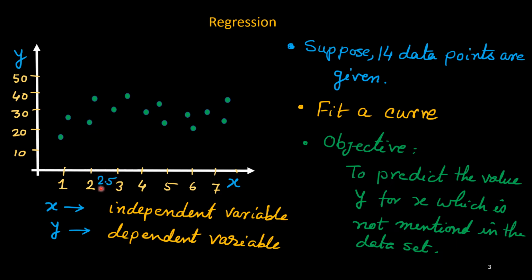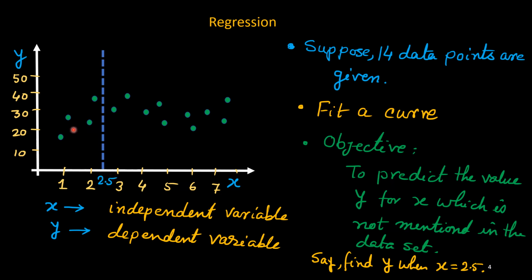Suppose at the point x equals 2.5, you will see the value is not mentioned. So we wish to predict the value of y where x is 2.5.